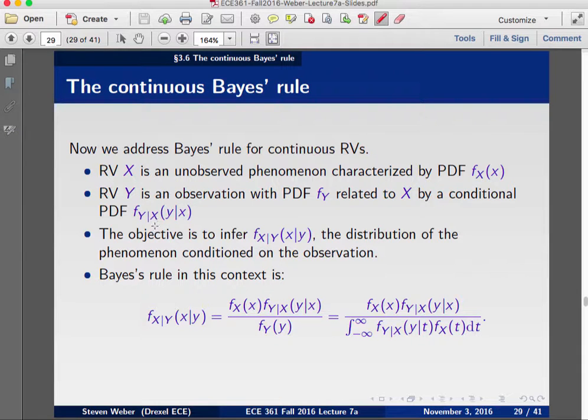If we can control what the unobserved phenomenon would in fact be, we could measure the distribution on the observations. But now, outside of the laboratory, our objective is to infer X given Y.